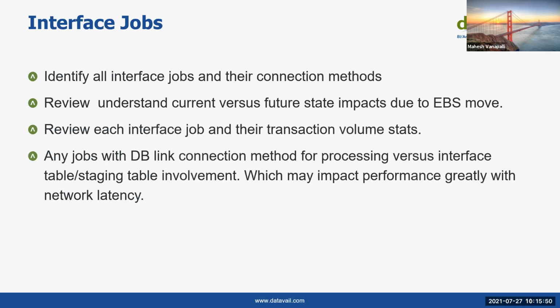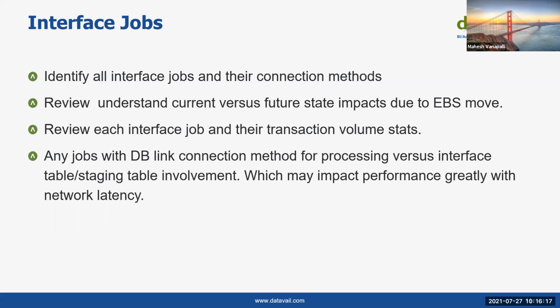And at the same time, for each interface job, not just where it is performance critical, this is obvious, but we've seen customers say, oh, this job ran and completed normally, but when the true UAT comes into the picture, hey, this job took 2 hours versus 2 minutes.